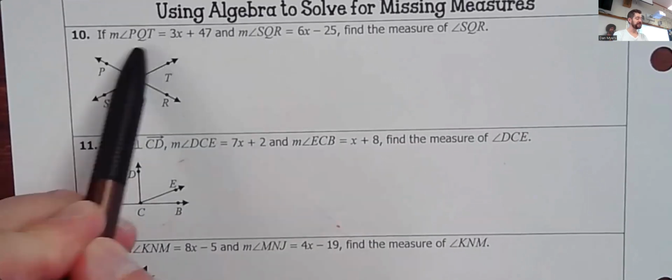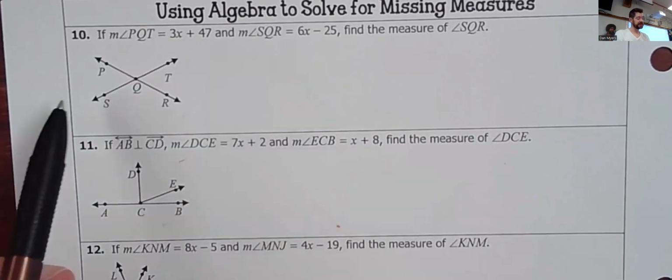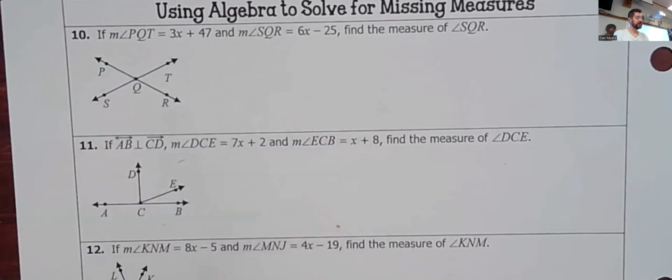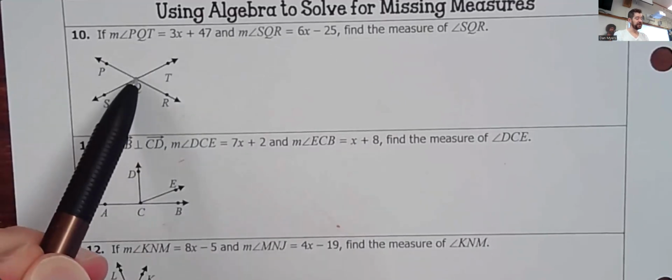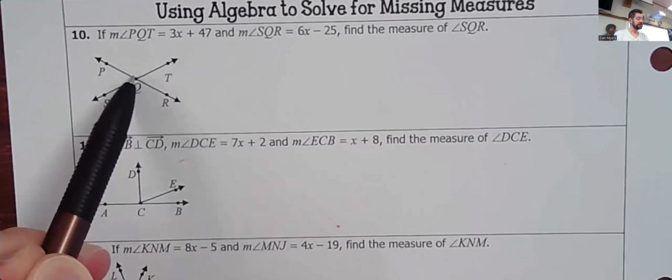Which one of those 4 angles is PQT? Is it left, top, right, or bottom? PQT, top, good. PQT is the top angle because Q is always the vertex, which every angle here has the same vertex, it's Q. But if you start at P, go to Q, and then over to T, it's talking about this angle right here, this open space in between those 2 points. So PQT is this one.